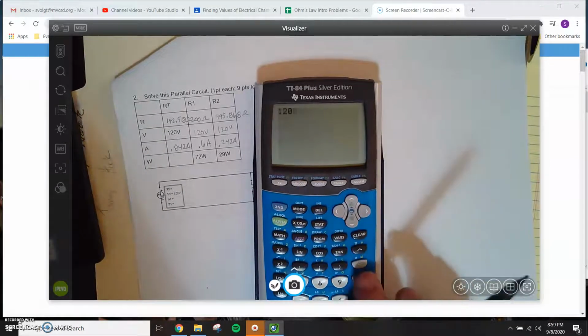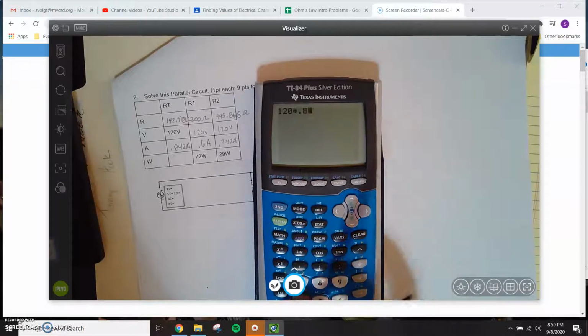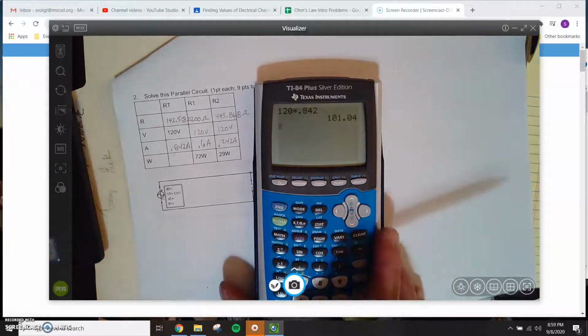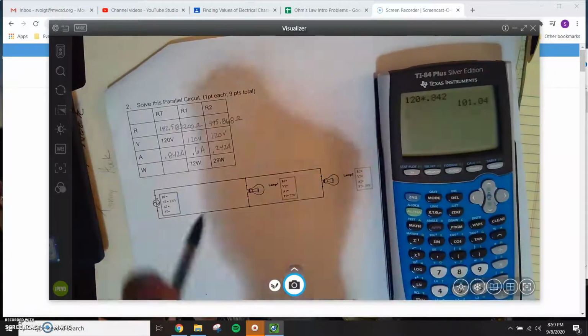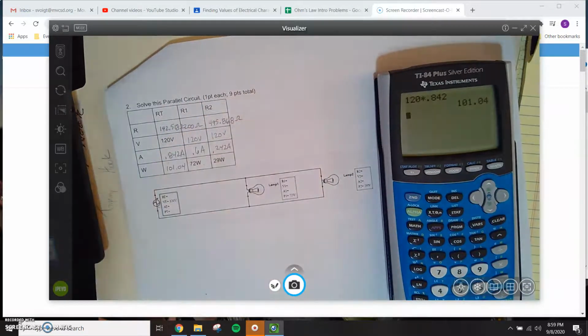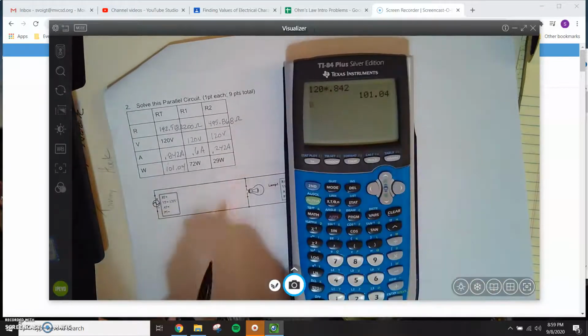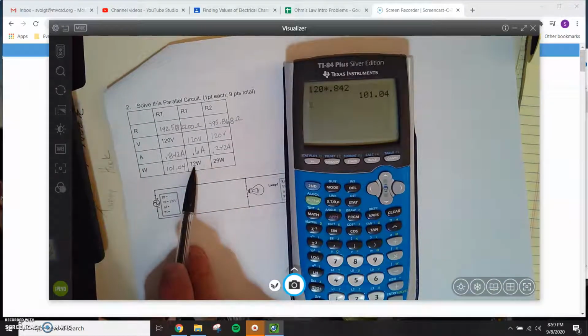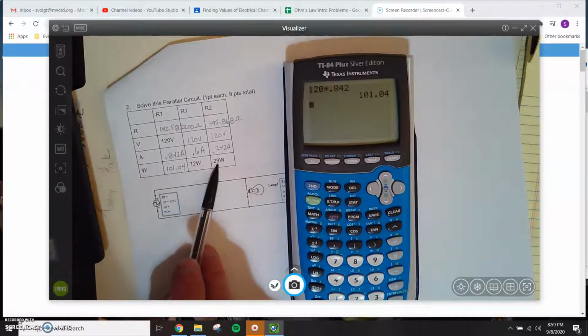120 times 0.842. We get 101.04. Now, typically if you add this and this together, you should come up with this, right? Well, 70 plus 30 is 100.